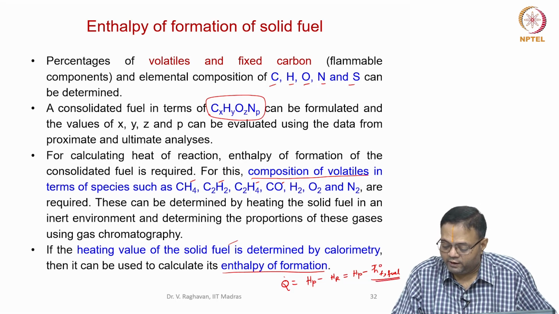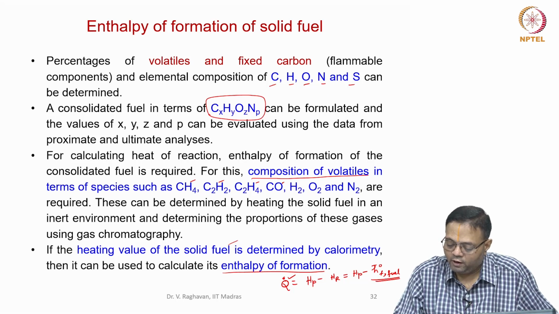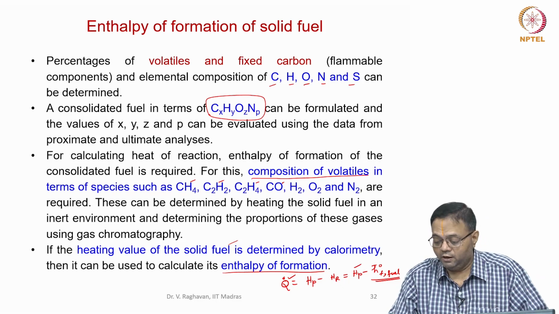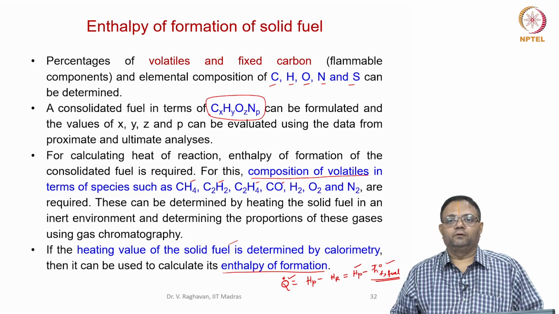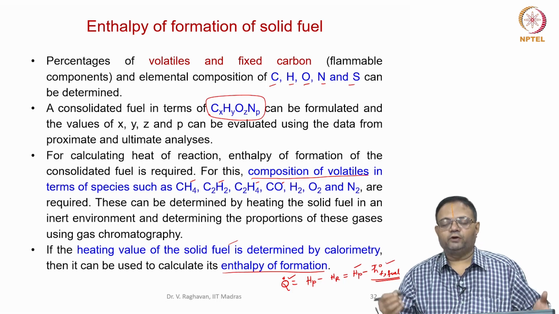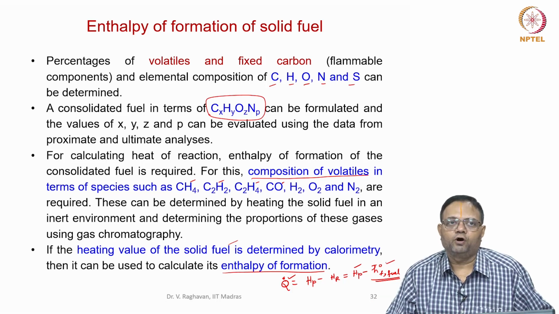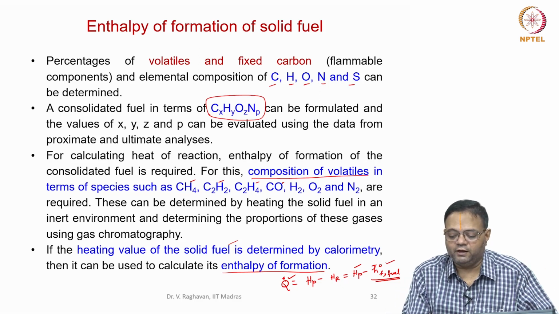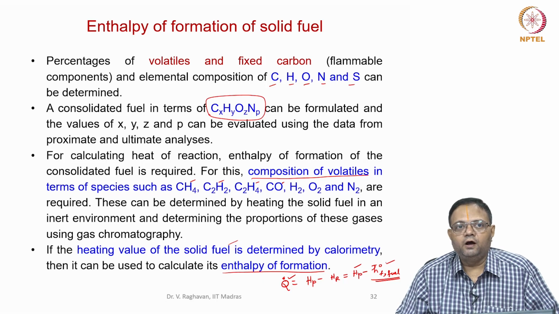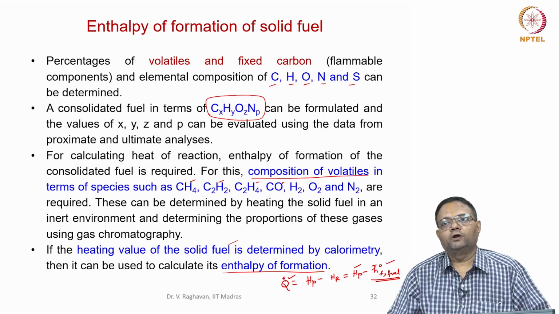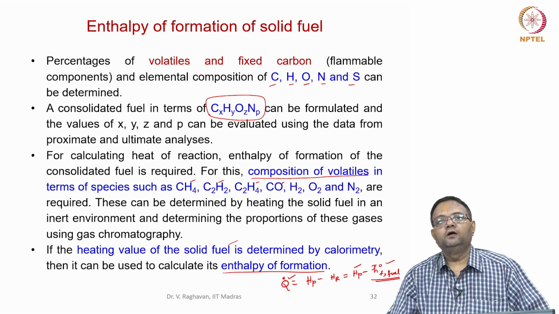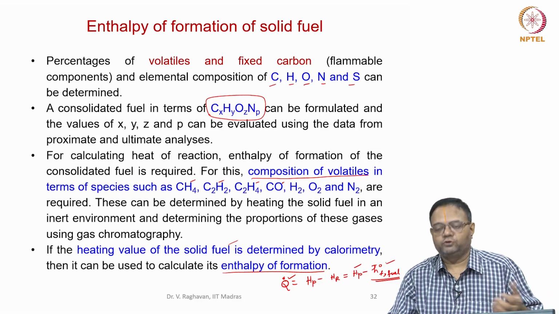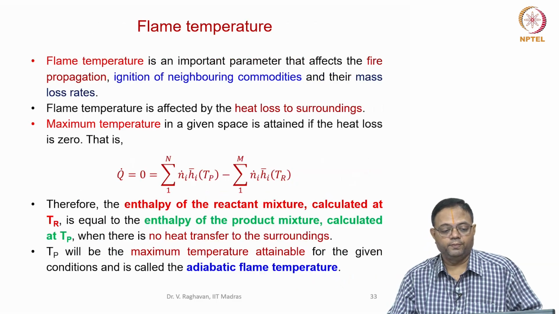So, if Q dot is known, HP is always known to me, because we know the precise products, then HF of the fuel can be determined. So, that is one way to determine the enthalpy of formation of a solid fuel. The other way, as I told you, is to measure the composition of the volatiles and use that information to get the enthalpy of formation of the volatiles. Then you know the enthalpy of formation of carbon is 0. So, you get the enthalpy of formation of the wood itself.